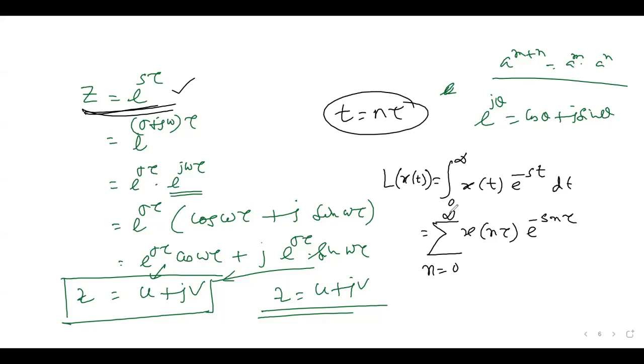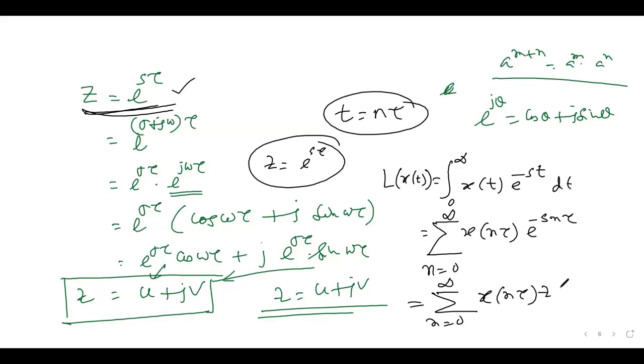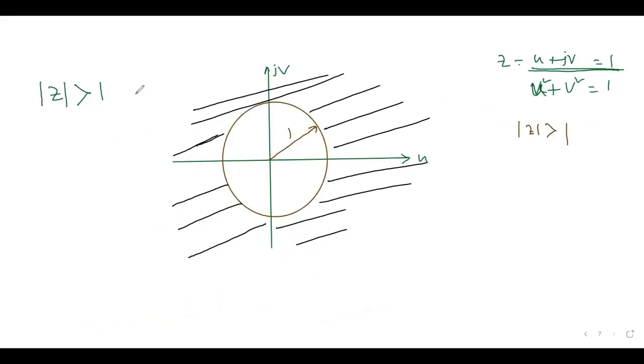Now we took tau equal to 1. We generally took tau equal to 1. Now if you put z equal to e to the power s tau, this becomes the sum from n equal to 0 to infinity of x(n tau) z to the power minus n. Do you remember? So this is basically the z transform. This is why we wrote z equal to e to the power s tau. All right, so the region of convergence we have to sketch is this.